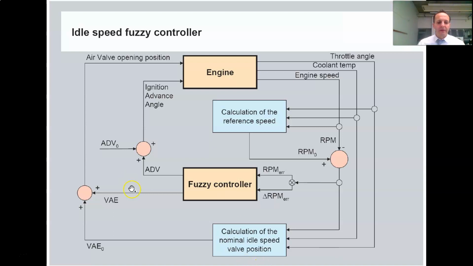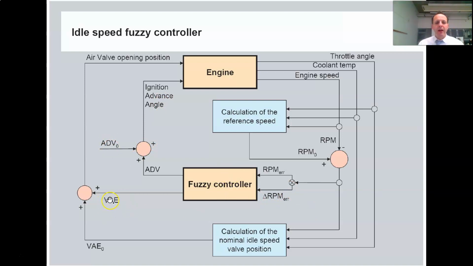So we have the fuzzy controller, which is using as primary controller variables the velocity and the change of the velocity, which is computed here depending on the engine. The engine is a dynamic model, which depends on the air valve opening position and the ignition of the engine, which has a reference value controlled by the fuzzy controller.